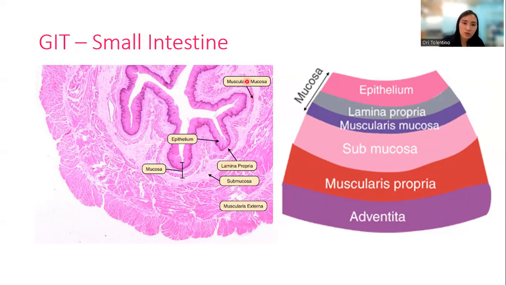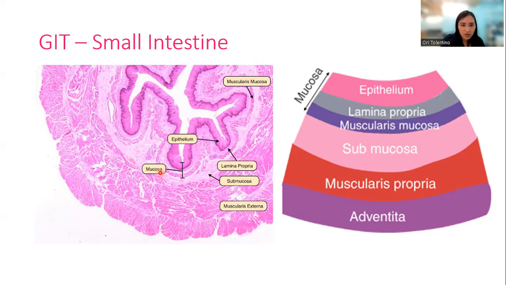This muscularis mucosa is a small layer of smooth muscle under your epithelium, in the lamina propria. So this is made up of smooth muscles also.